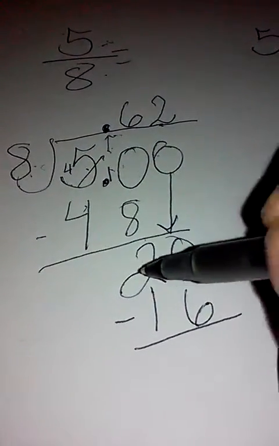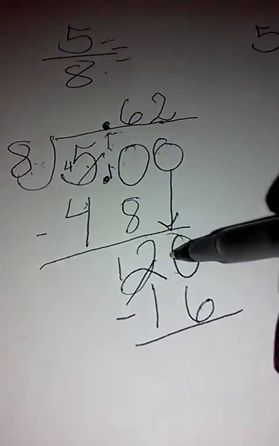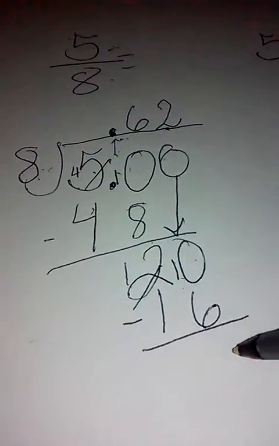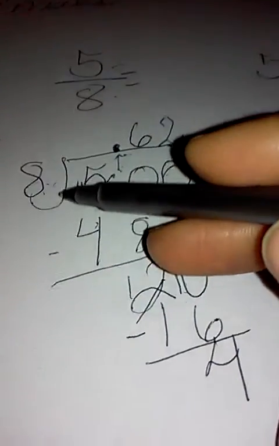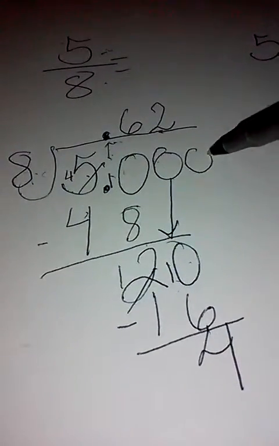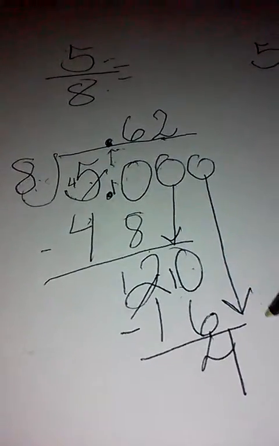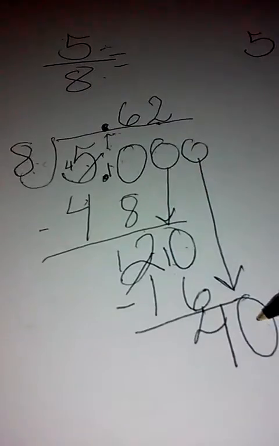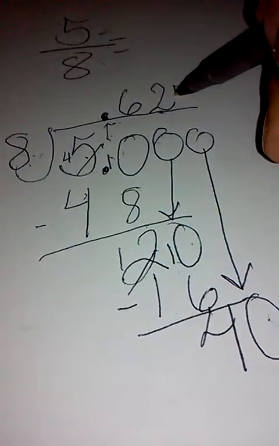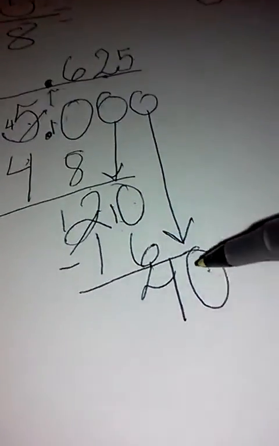We can't take 6 from 0. 10 minus 6 is 4. We have another remainder. We're going to add another 0 and bring it down. 8 goes into 40 5 times. 5 times 8 is 40.